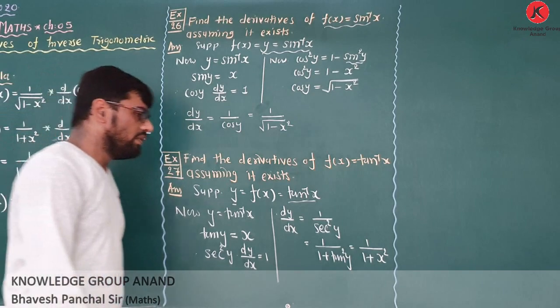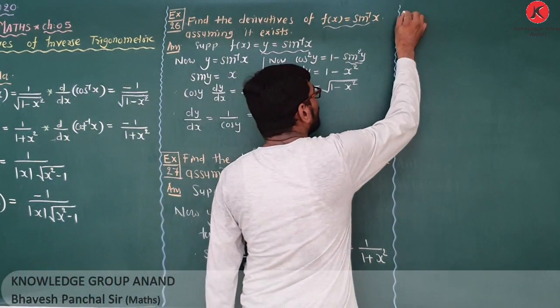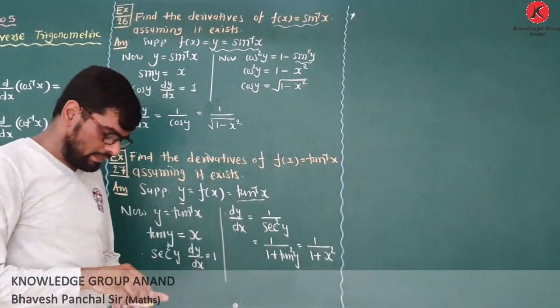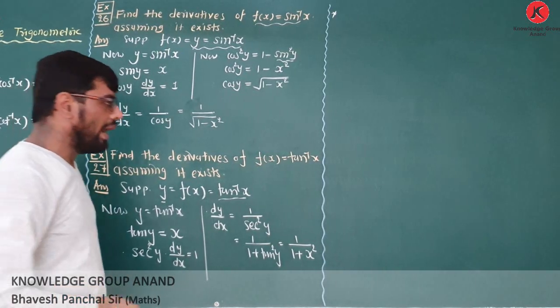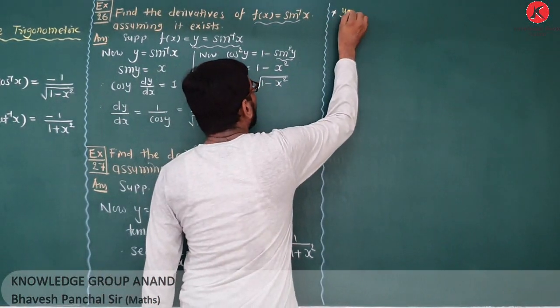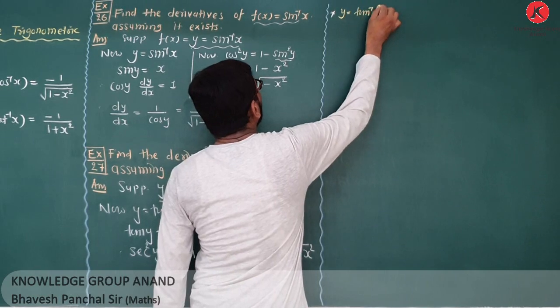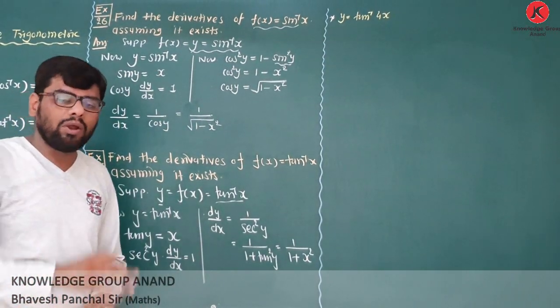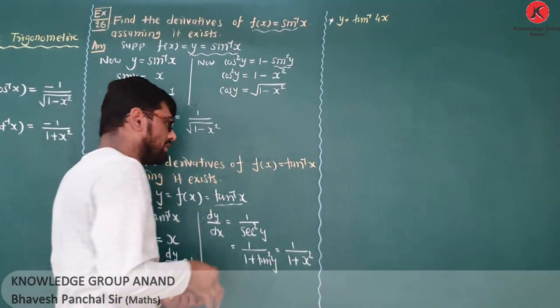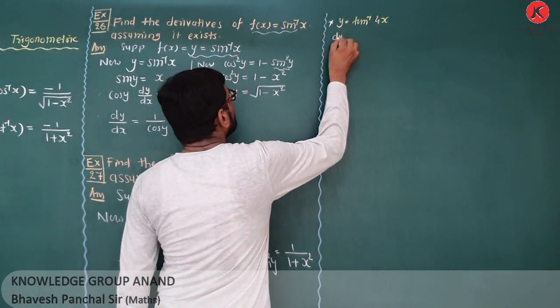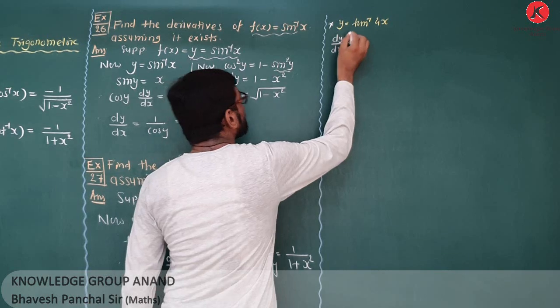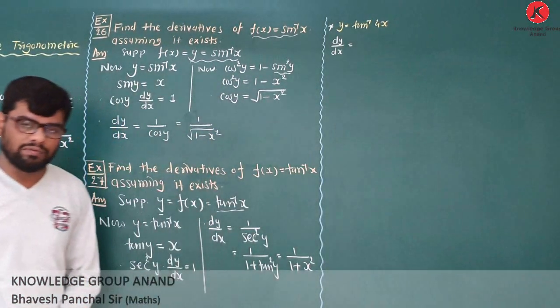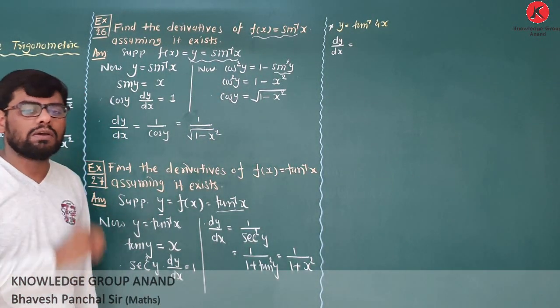Okay, see, we take some more examples for practice. See here, first I take y equal to tan inverse 4x. Here we have to find only dy by dx. There are total two functions. First, the outer function is tan inverse and the inner function is 4x.